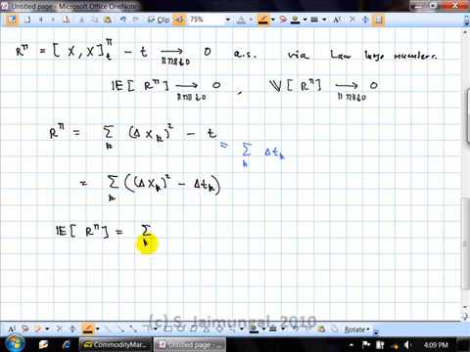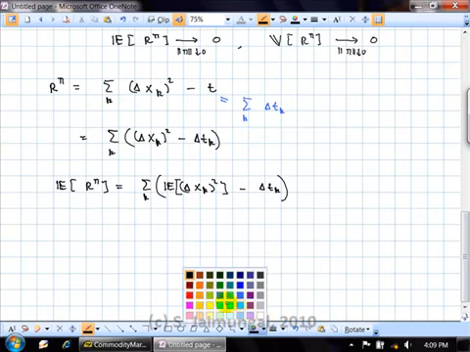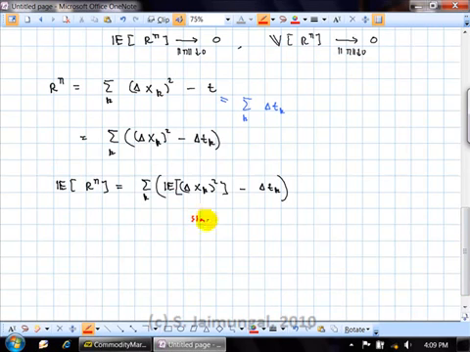So let's just write that out in a few steps here. Okay, that's just using linearity of operators. And then we can just say since delta xk is normal, mean 0, and a variance of delta tk, that's delta tk.